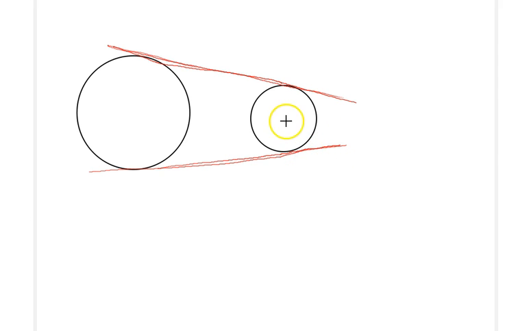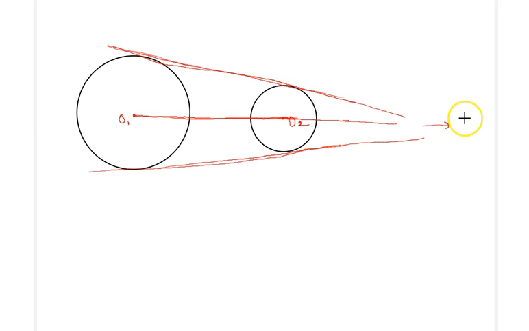So when you have your external tangents drawn, this is O1, this is O2, and we can easily connect those centers of circles, and obviously these three lines concur at the same point. You can call it P, I guess.